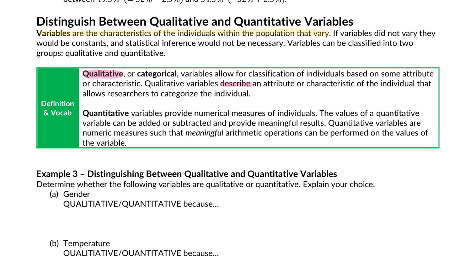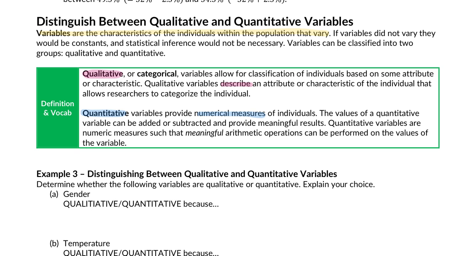Quantitative variables provide numerical measures of individuals. The values of quantitative variables can be added or subtracted and provide meaningful results. So quantitative variables are numeric measures that have meaningful arithmetic operations that can be performed on values of the variable.